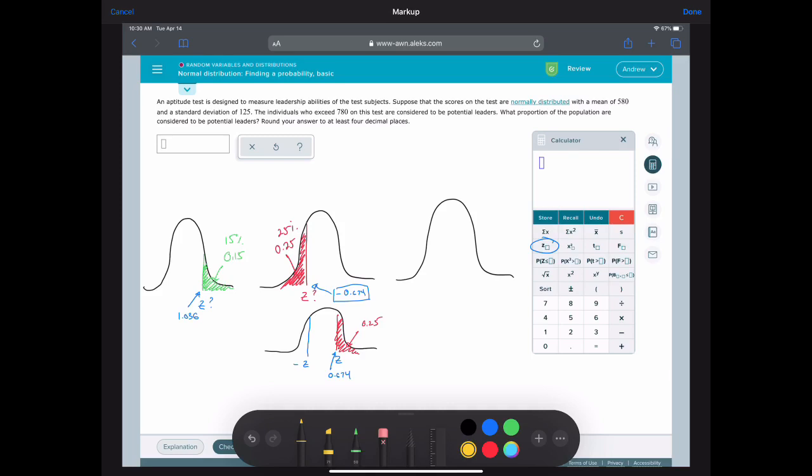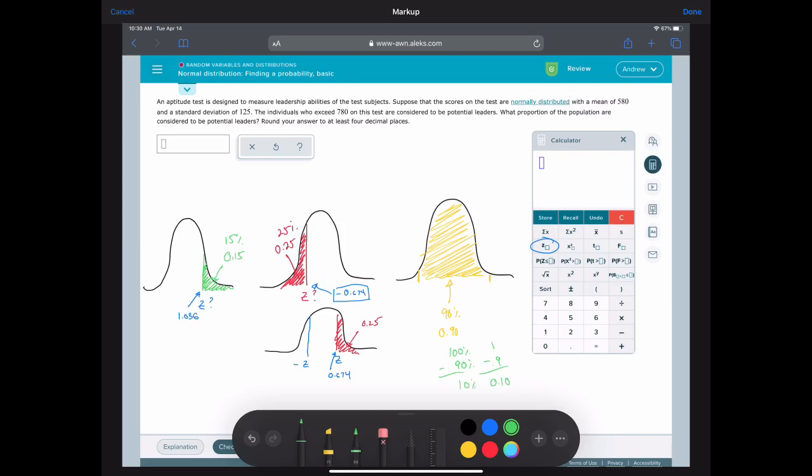So we'll say the middle 90%. I want to find the middle 90% of this curve. So we are looking for the middle 90%, or 0.90. The easiest way to look at this is, if the middle 90% is what we're looking for, let's figure out how much is on the outside of that. So if we do 100% minus 90%, or 1 minus 0.9, we get 0.1, or 10%.